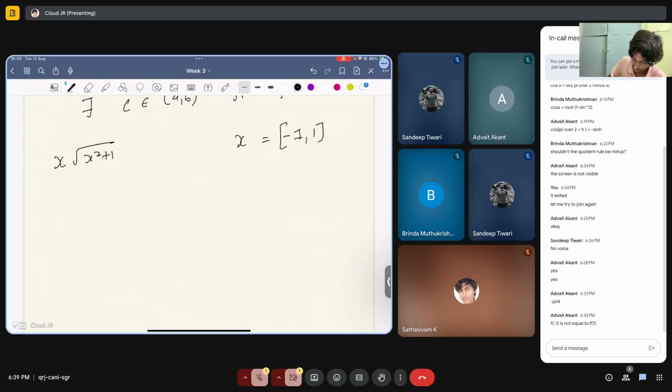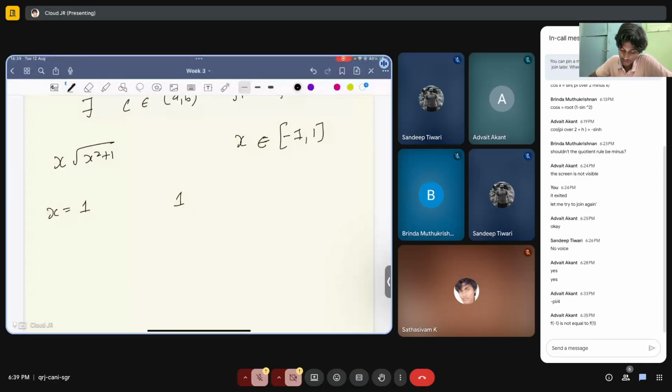When x is equal to minus 1, it becomes minus 1 times the square root of minus 1 square plus 1, which is minus root 2. So at the endpoints, f of a is not equal to f of b. So Rolle's theorem you cannot directly apply.